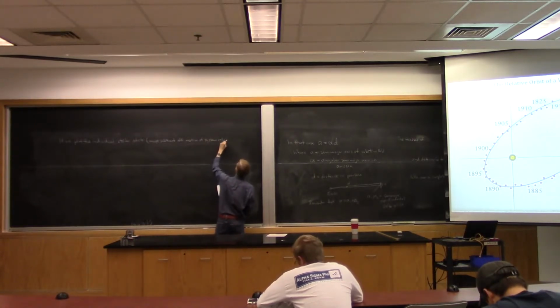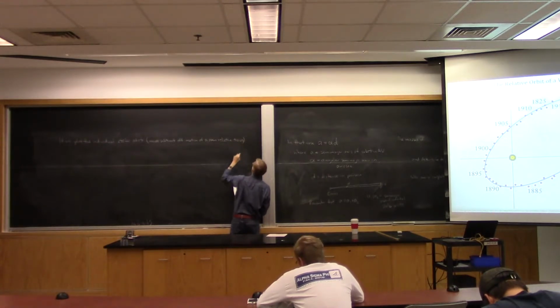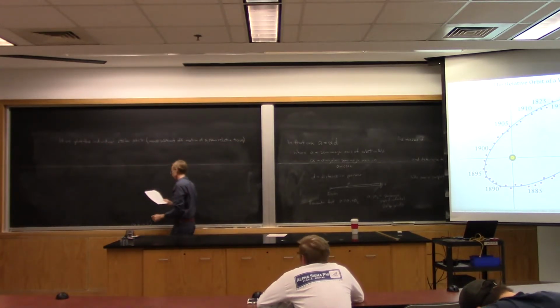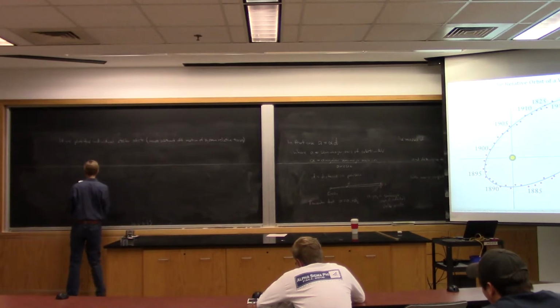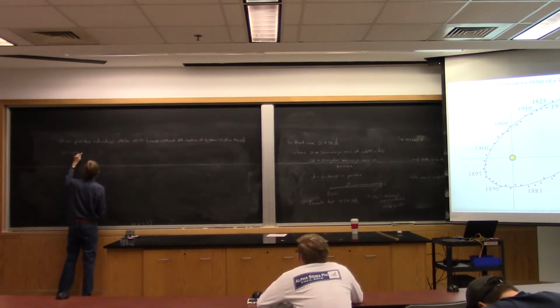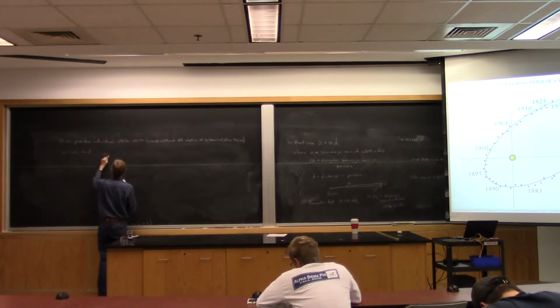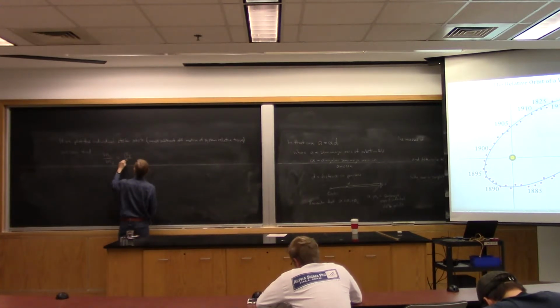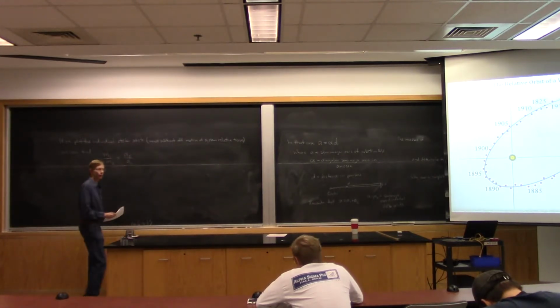To subtract off the motion of the system relative to us. We can find m1 over m2, since that's just a2 over a1.